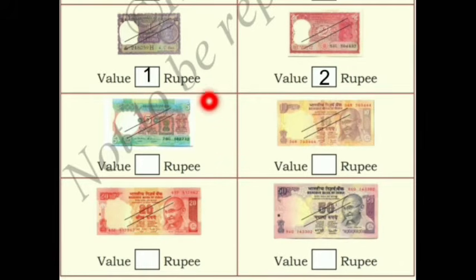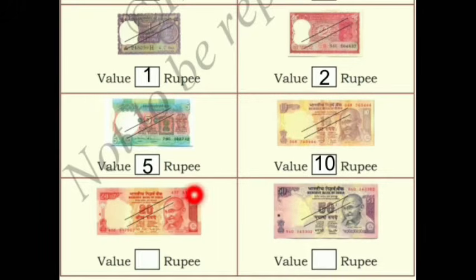Next we have this note. Which note is this? Yes, it is a 5 rupee note. So the value of this note is 5 rupee. Next we have this note. Which note is this? Yes, it is a 10 rupee note. So the value of this note is 10 rupee.